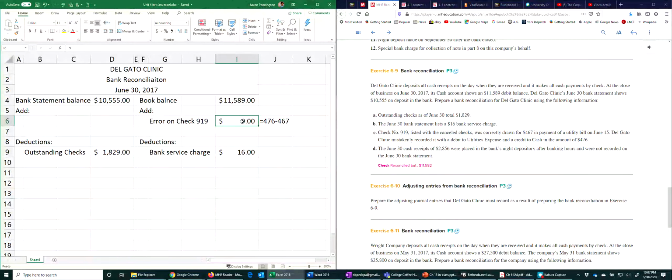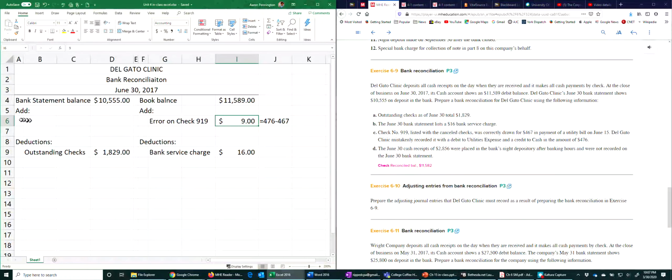All right. Let's go on to transaction D. June 30th cash receipts of $2,086. $856 were placed in the bank's night depository after banking hours and not recorded on the June 30th bank statement. All right.